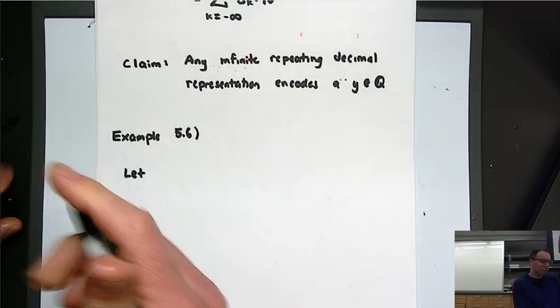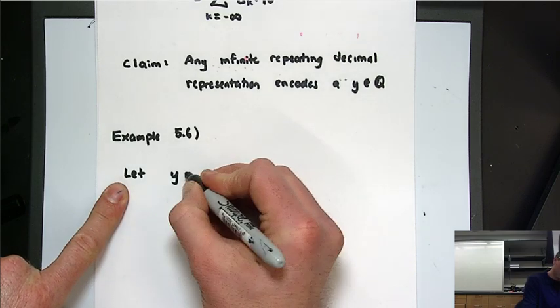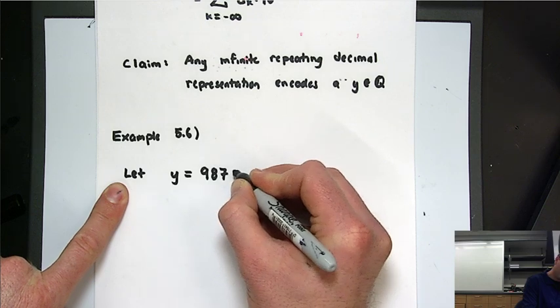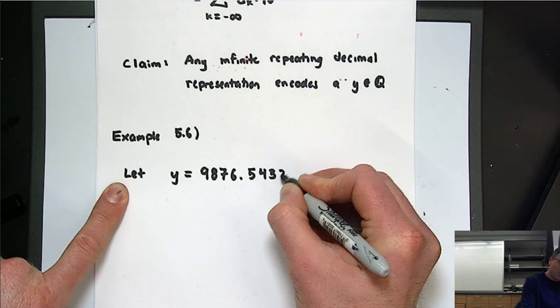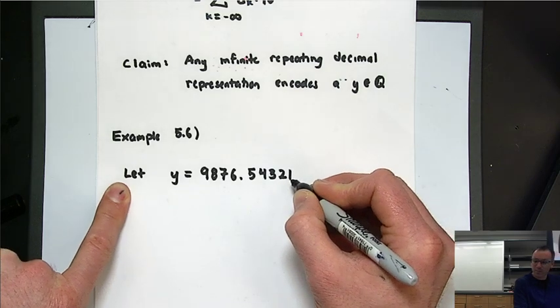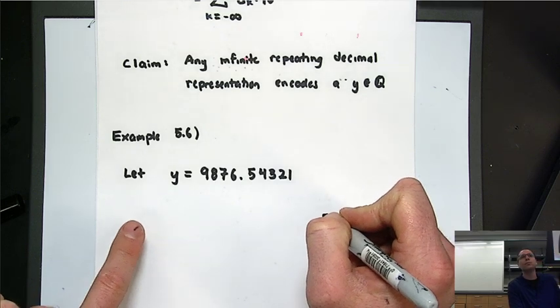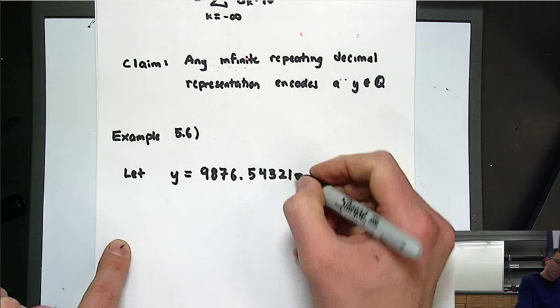Let's do something that you've not seen before. Maybe we do 987.654321. And then how many repeating digits do you want? 3, 4, or 5? You want 3 repeating digits?